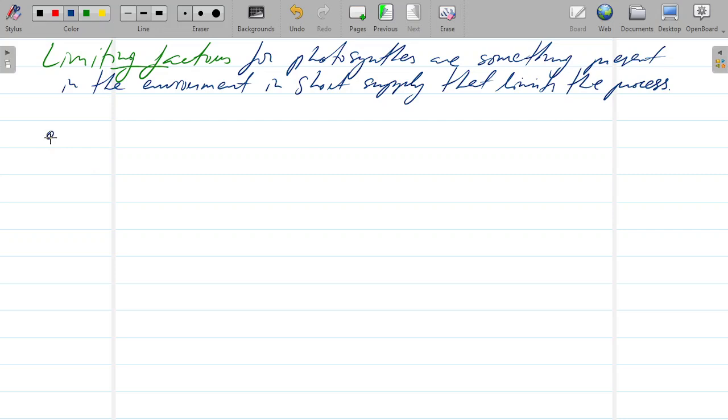And in the case of photosynthesis, there are three things: light intensity, temperature, and carbon dioxide concentration.